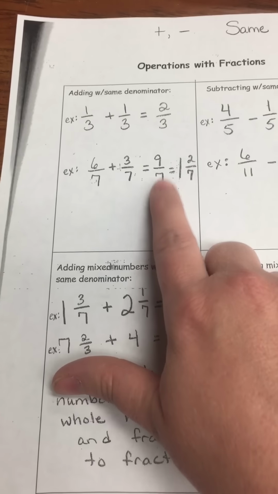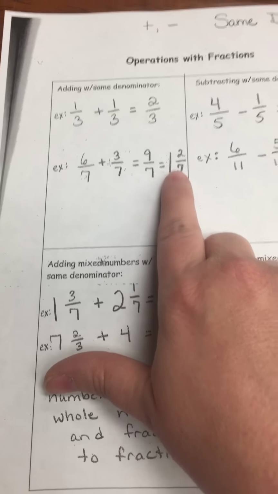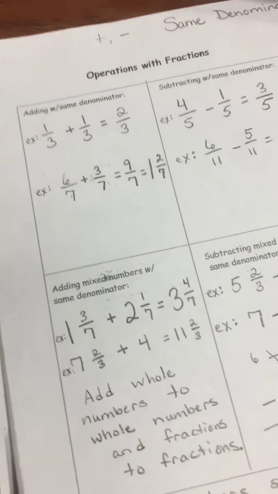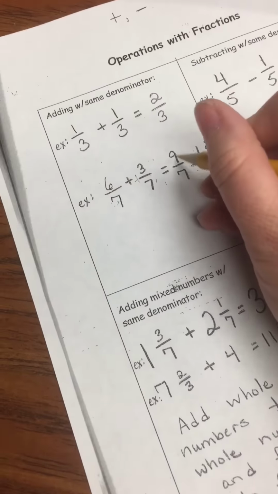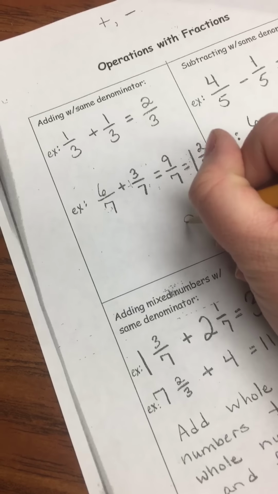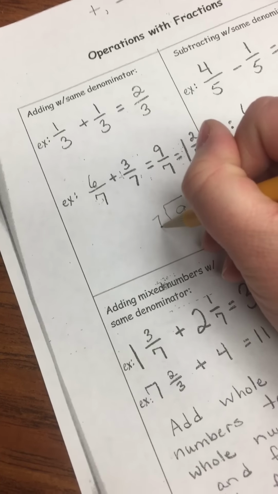This one here was just a little bit trickier because the answer was improper. So to turn this improper fraction into a mixed number, you should have this on your study guide. The numerator is divided by the denominator. So 9 divided by 7.